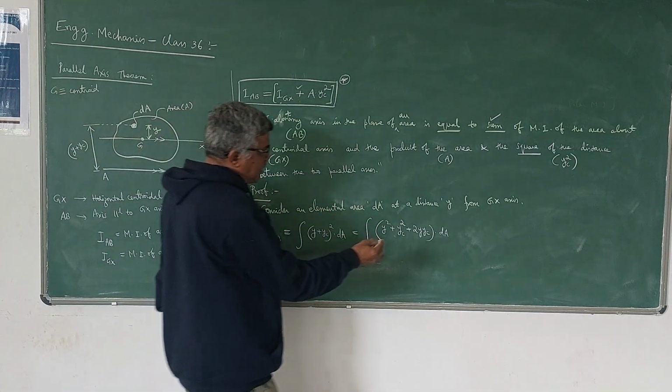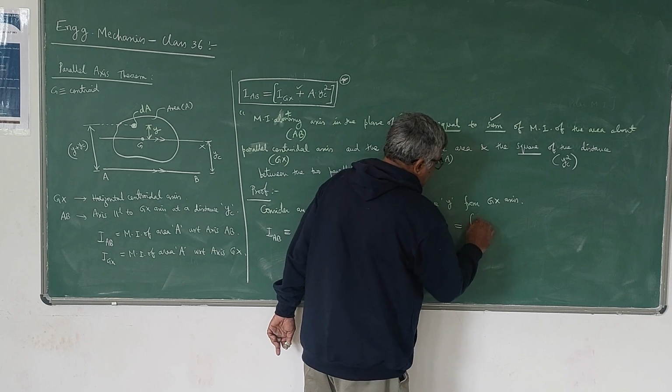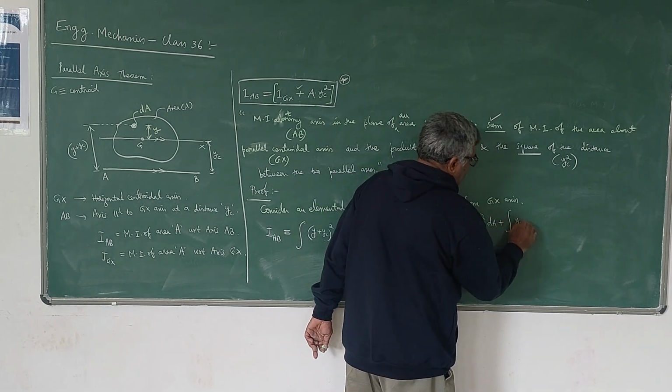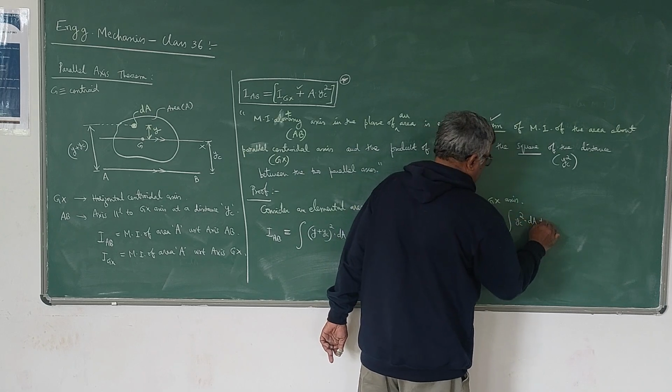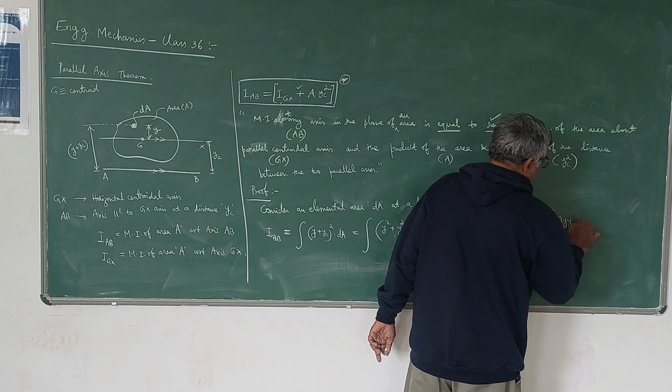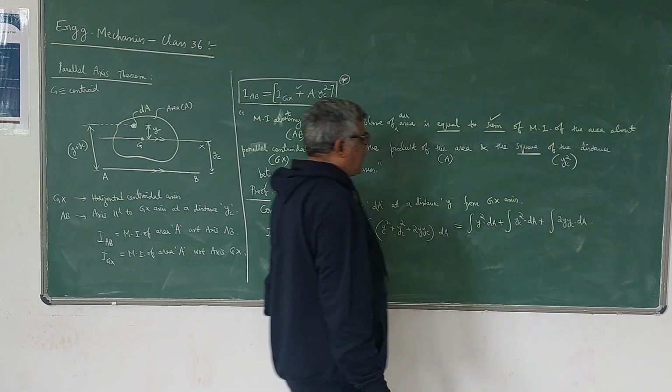Now I can separate the terms: integral y squared dA plus integral yc squared dA plus integral 2 y yc dA. This is what I am going to get.